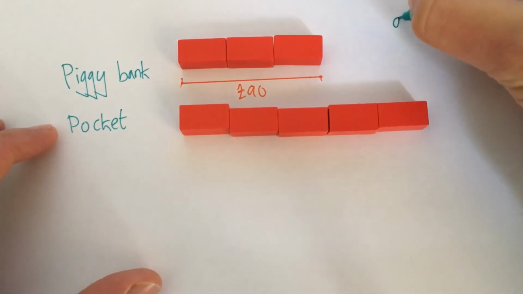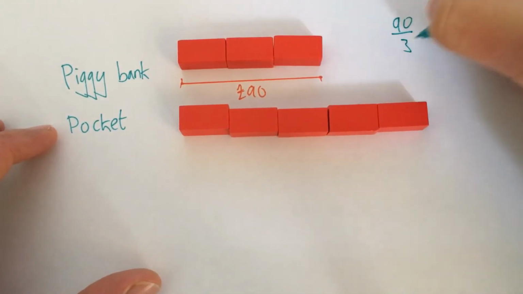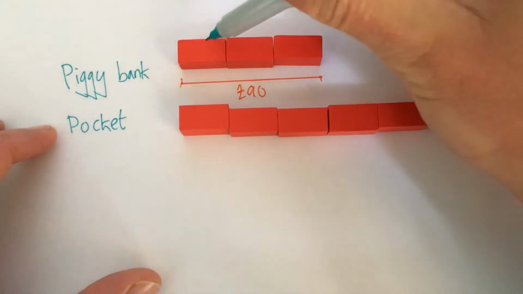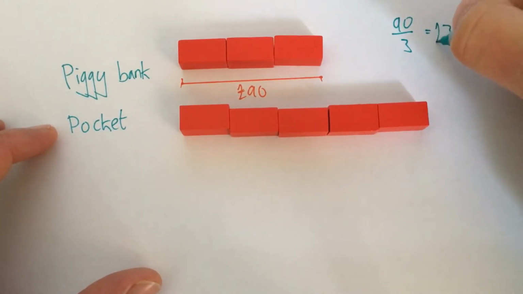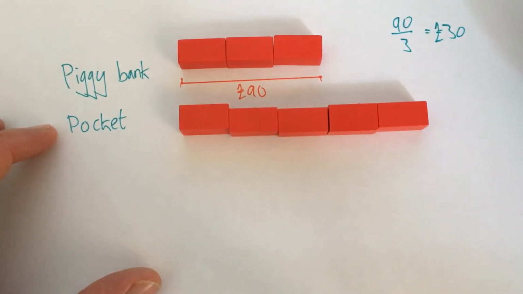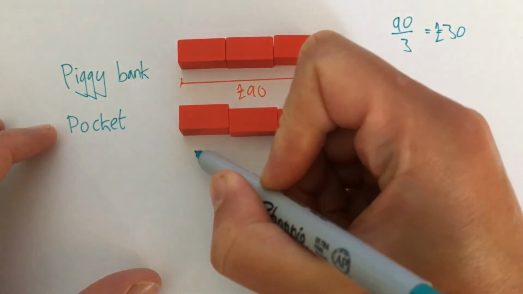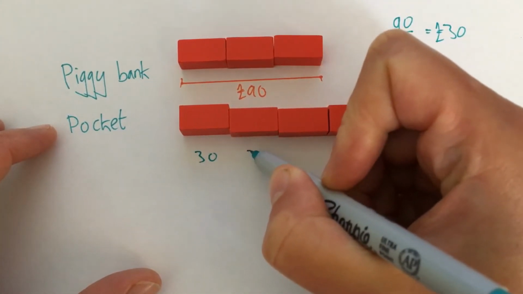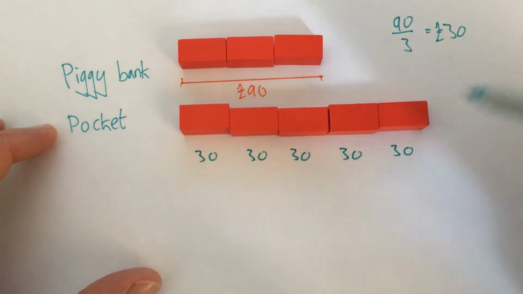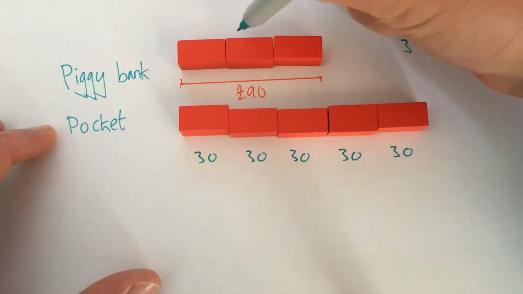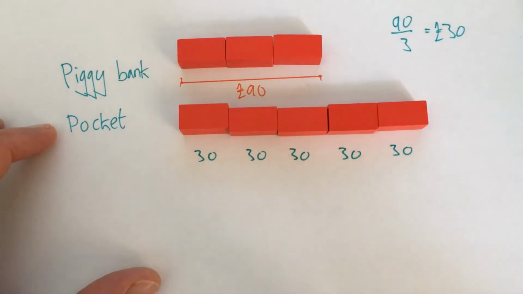Let's do that here. 90 divided by 3 equals 30. So each of these blocks is worth £30. So we've got another 30 here, and here, and here, and here, and here. And in fact, these are 30 as well. 30, 30, 30. They're all worth 30.